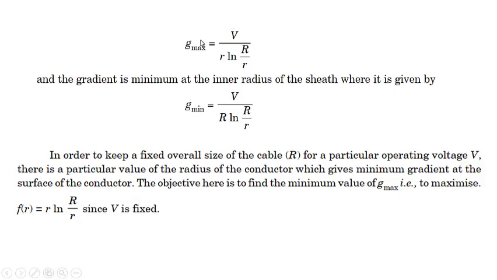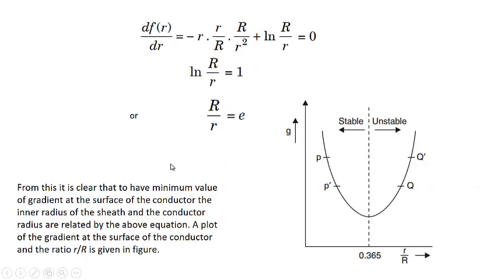We want to have a minimum value of Gmax, which lies at the surface of the conductor. The objective here is to find the minimum value of Gmax, that is to maximize f(r), which is r ln of R by r. Since V is fixed, we can maximize this, which means we are overall minimizing Gmax.